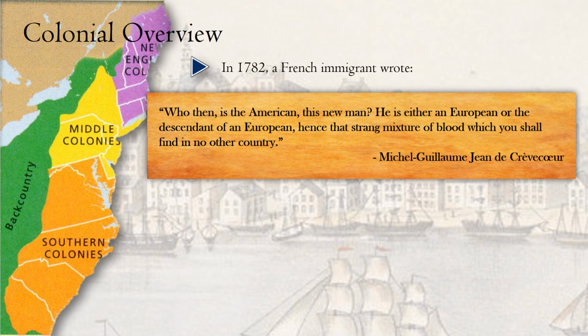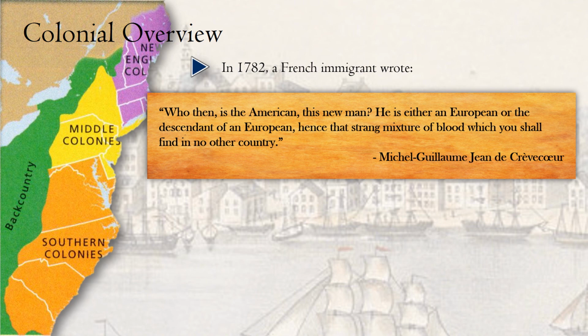So if we sum this up, in 1782, a French immigrant named Michel Crevecoeur writes, "Who then is this American, this new man? He is either a European or the descendant of an European.